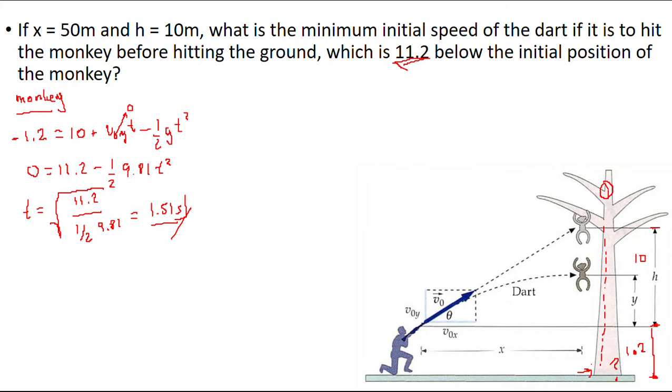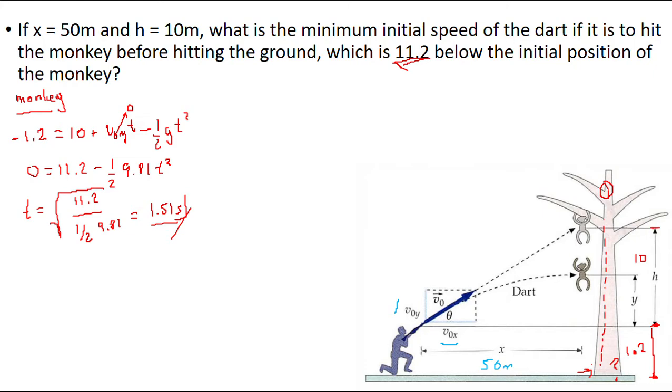For now we know that the dart is gonna have an x component and a y component. Both are written here. We also know that the distance over here is 50 meters. So pretty much we can know the velocity in x that this is gonna have.